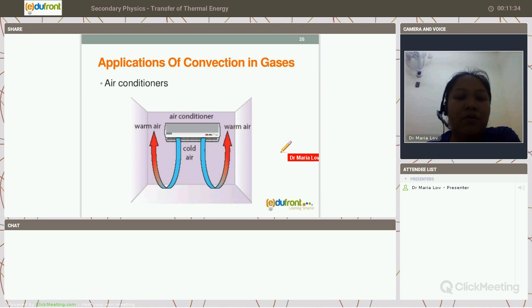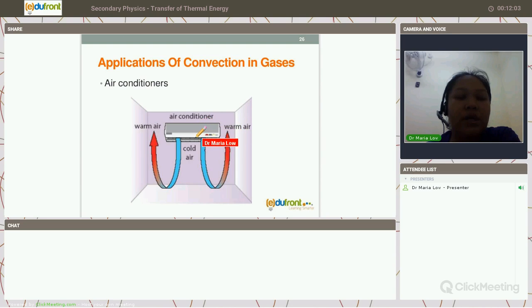On the other hand, in our country, we often use air conditioners. If you notice carefully, air conditioners are always installed near the ceiling because cool air, which is denser, will always sink. The warmer air in the room will rise up because it's less dense, and it will be taken in by the air conditioner for cooling before the cool air is expelled out.